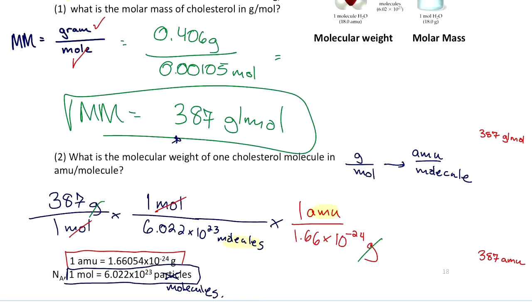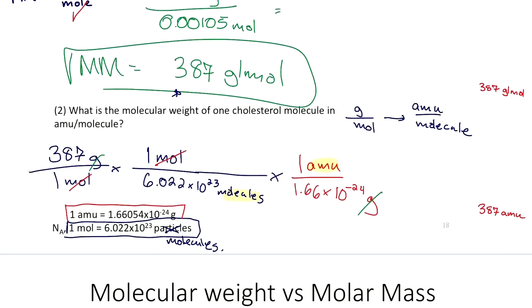Okay, so in your calculator, I want you to put 387 divided by 6.022, hopefully you've learned how to use the exponential key by now, so it's E23, divided by 1.66, E negative 24. Put that in your calculator and tell me what you get.